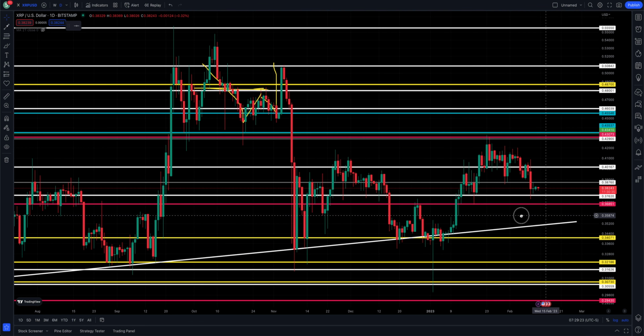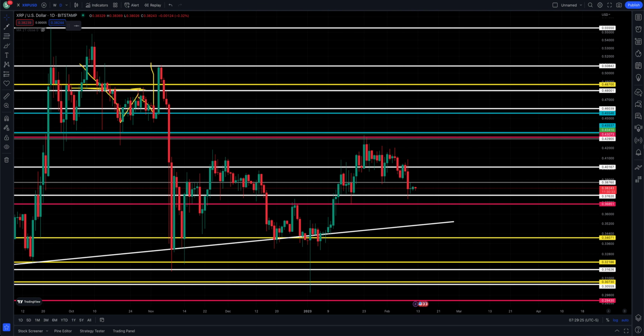So anyways, getting back to the recent area, I thought we were going to have a breakout on this day to the upside. Of course, I did not know if it was going to break all of these levels here or not. Doesn't really matter because it didn't happen. We actually rolled over. But the chart looks bearish right now.